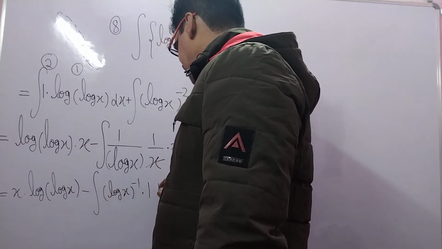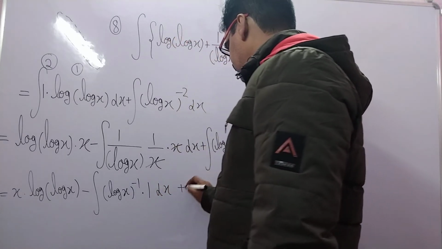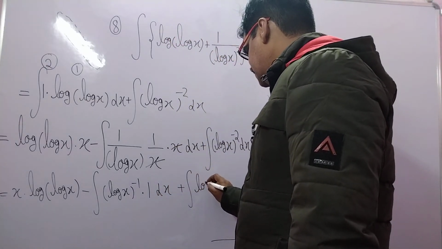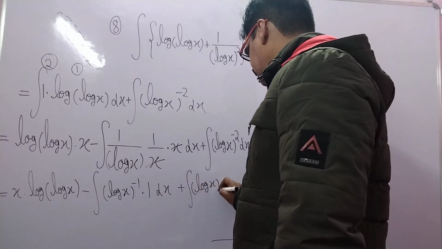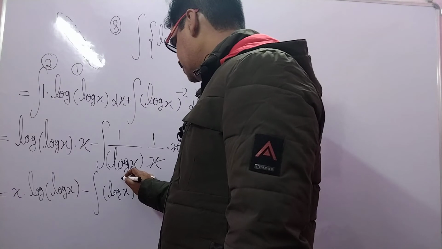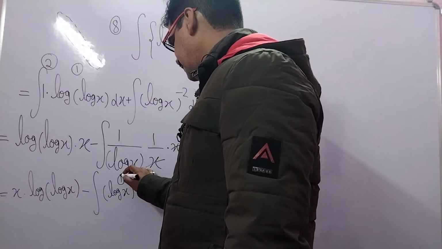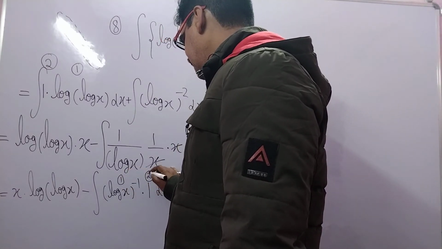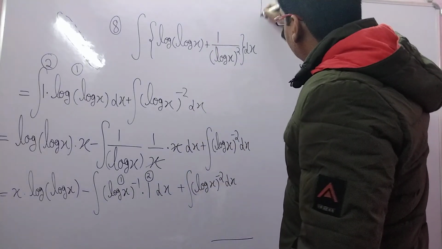Now we suppose 1 here plus (log x) to power minus 2. Suppose it as the first function and 1 as the second function.